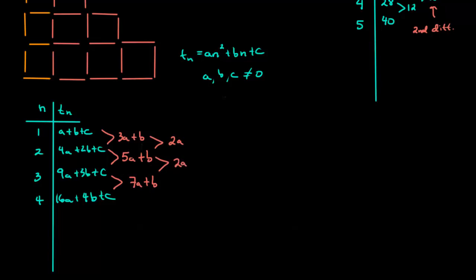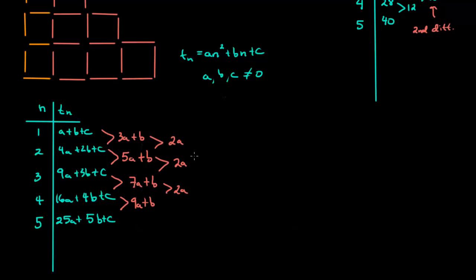So we can extend this now. If we extend this to the next term, we would have 25a plus 5b plus c, and let's see if that pattern continues. We would have, for the first differences, 9a plus b, and calculate the second differences, and then we get 2a.